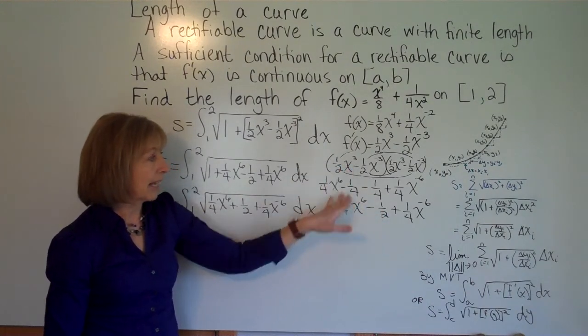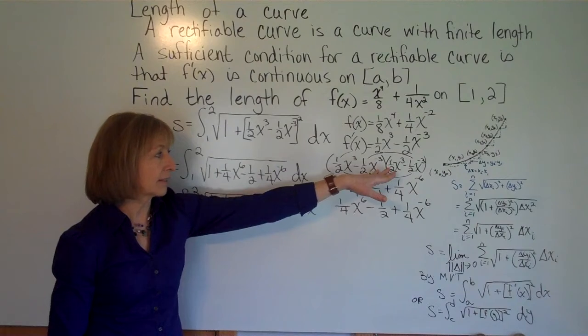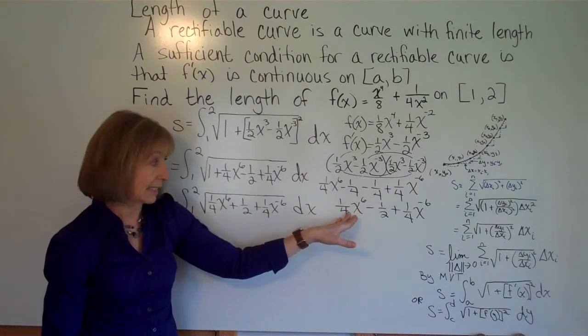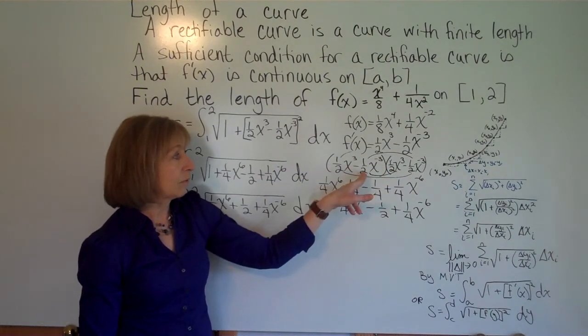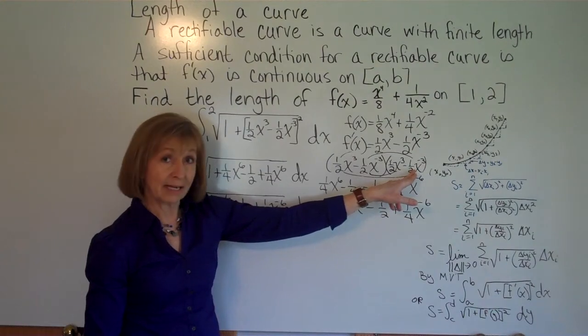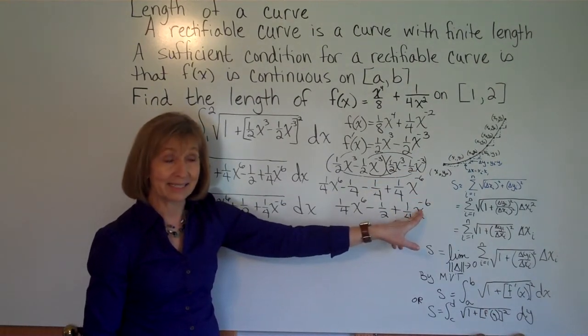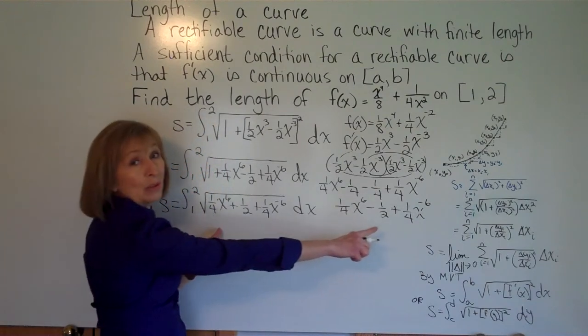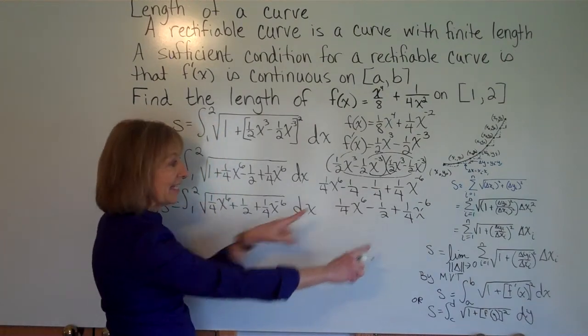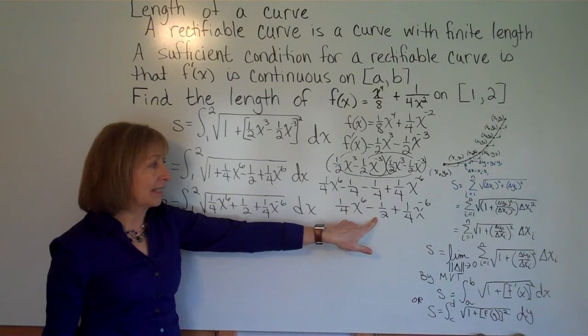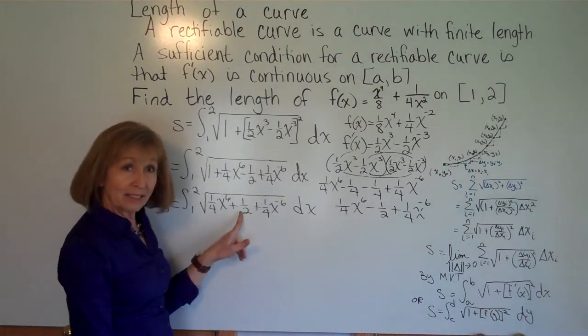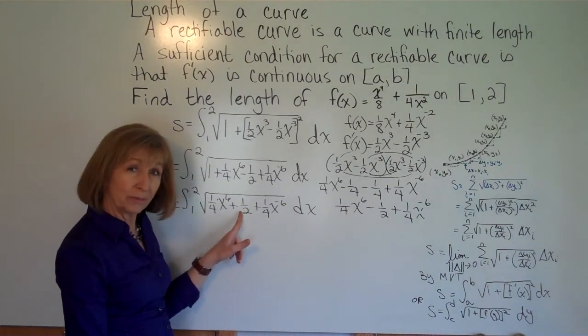And then I had my 1/2 x to the 3rd times 1/2 x to the 3rd was that 1/4 x to the 6th. And then the negative 1/2 x to the negative 3 times the negative 1/2 x to the negative 3 was the positive 1/4 x to the negative 6. I have almost the exact same thing here, except that has a minus 1/2 in the middle term. This has a plus 1/2 in the middle term.